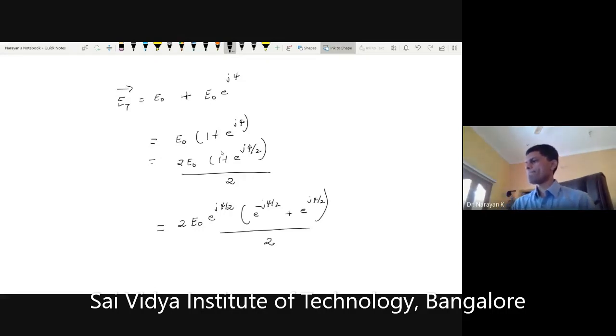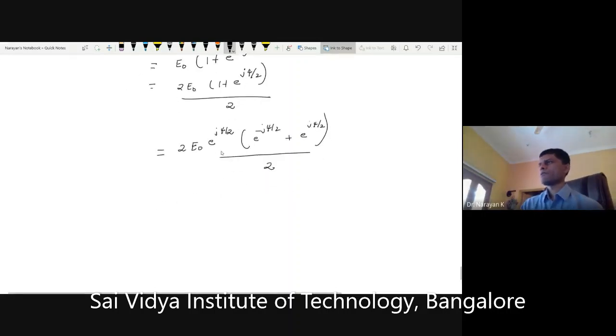So what happens here is this will be cos of psi by 2. We know that e raised to the power minus j theta plus e raised to the power j theta, divided by 2, is cos theta. In this case, theta is equal to psi by 2.